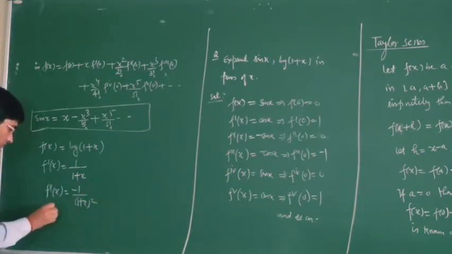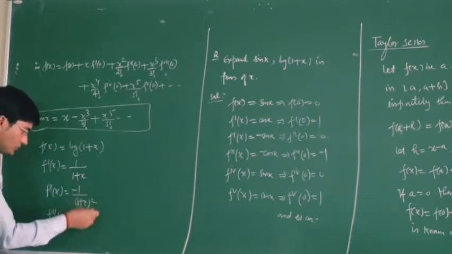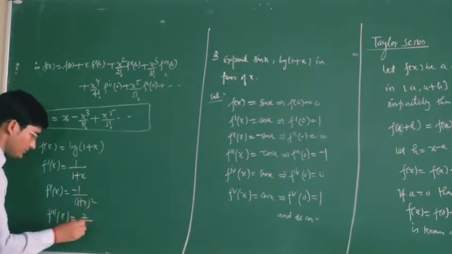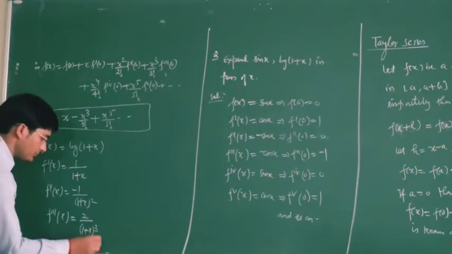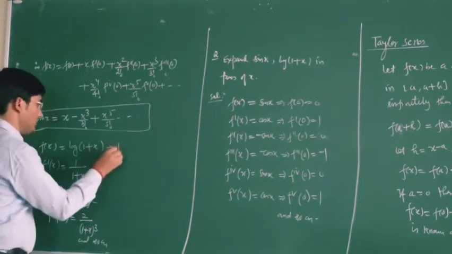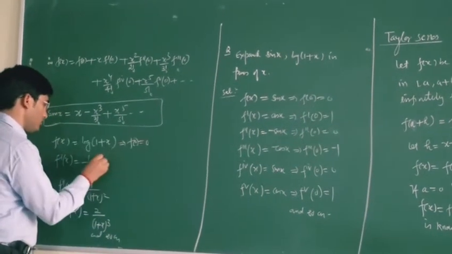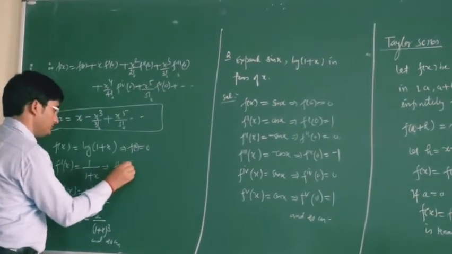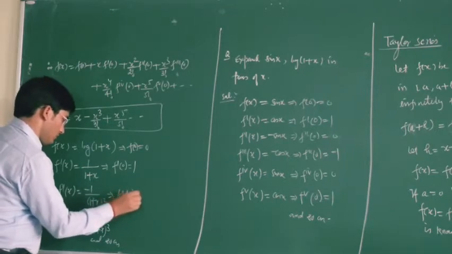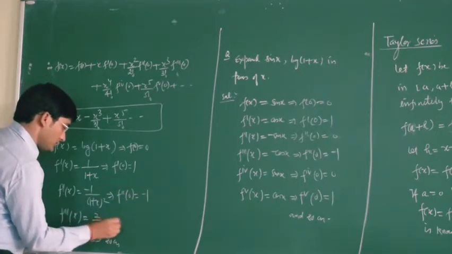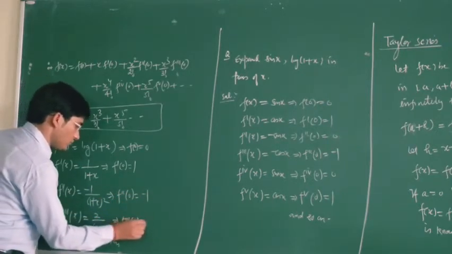Then f triple dash x will be, this will be your minus 2, so this will become plus 2 upon (1 plus x) whole cube, and so on. So from here you can see that f(0) is 0, f dash 0 is 1, f double dash 0 will be minus 1, f triple dash 0 is plus 2.